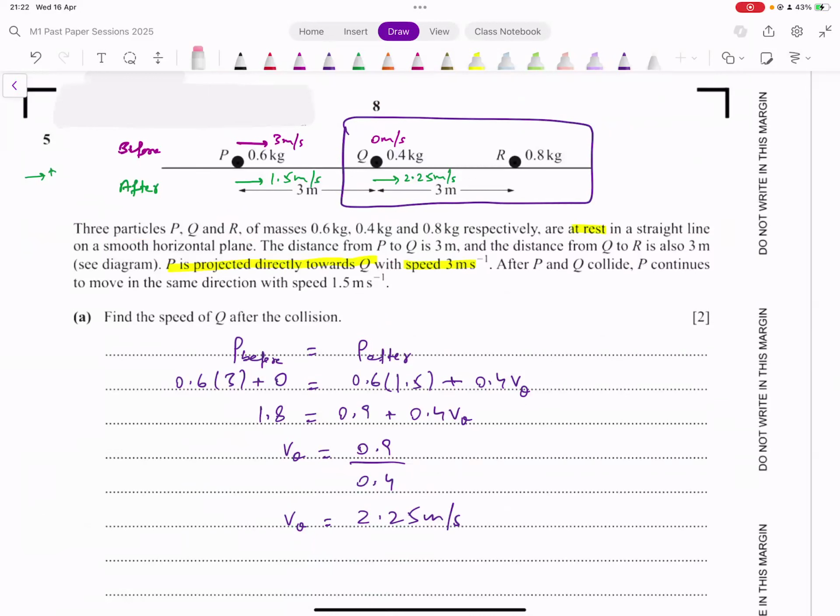There are no horizontal forces acting. That means whatever velocity a particle is moving at, it will keep moving at that velocity. There is no deceleration, there's no acceleration. So you can use the simple speed equals distance over time formulas, time equals distance over speed formulas. They will work here, right?